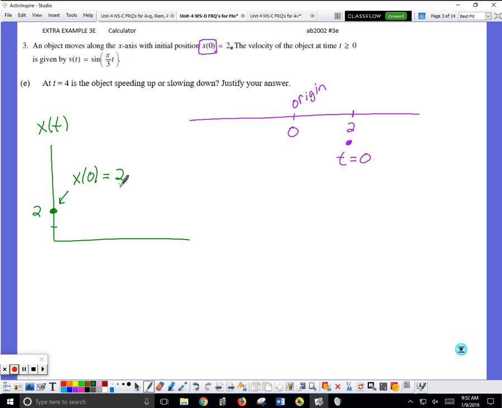So this isn't the actual particle. This is a mathematical graph of the particle's position, where the y values represent where the particle is located and the x values represent time. This is different. This is literally me. Okay. Here's my line. I'm standing right here. Does that make sense? Yeah, I think so.